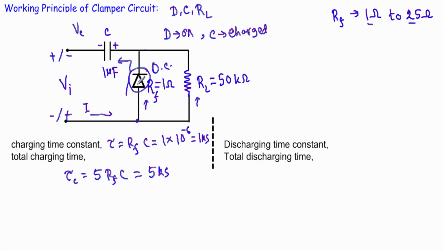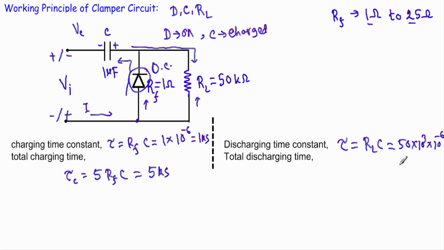Now when the diode is in reverse bias and acts as an open circuit, our capacitor will be discharged through this load resistor RL. Therefore our discharging time constant will be RL into C, 50 kilo ohm, so 50 into 10 to the power 3 into 10 to the power minus 6.